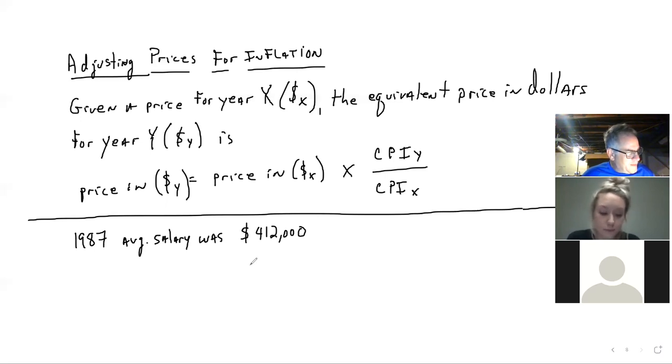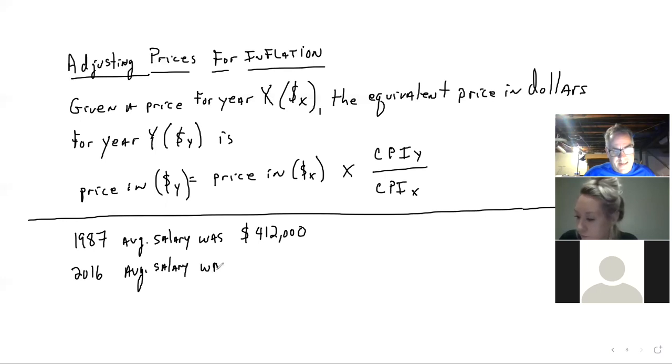Now, in 2016, the average salary, this is averaging all the salaries together, called the mean, added them all up, divided by the number of people making these salaries, was $4,380,000. That's the average salary.